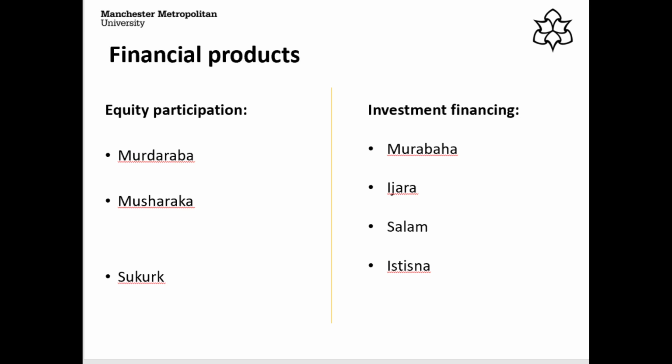Again, very interesting subject area. We've got Musharaka and Murabaha, again, about how you would make profits should you get involved in business. So one's about joint ventures, another one is just simple markups. Ijara is leasing, and then we look at markups again, in the final two products.